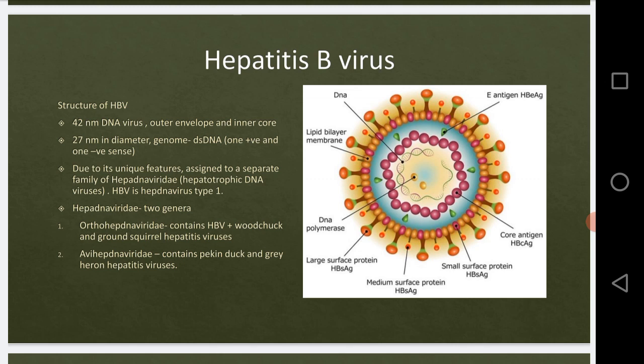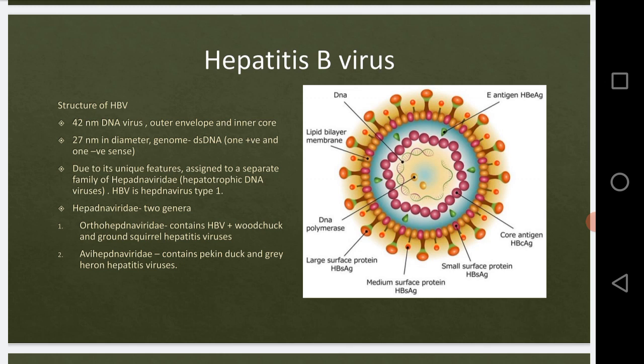The viral core particle is 27 nanometers in diameter. As I mentioned, it is a DNA virus, so it has double stranded DNA. One special property of this virus is that it has one positive sense DNA strand and one negative sense strand.